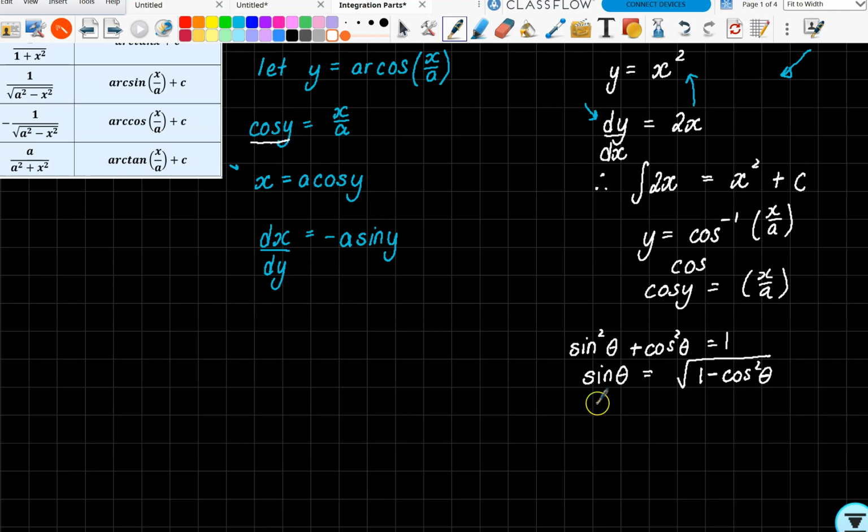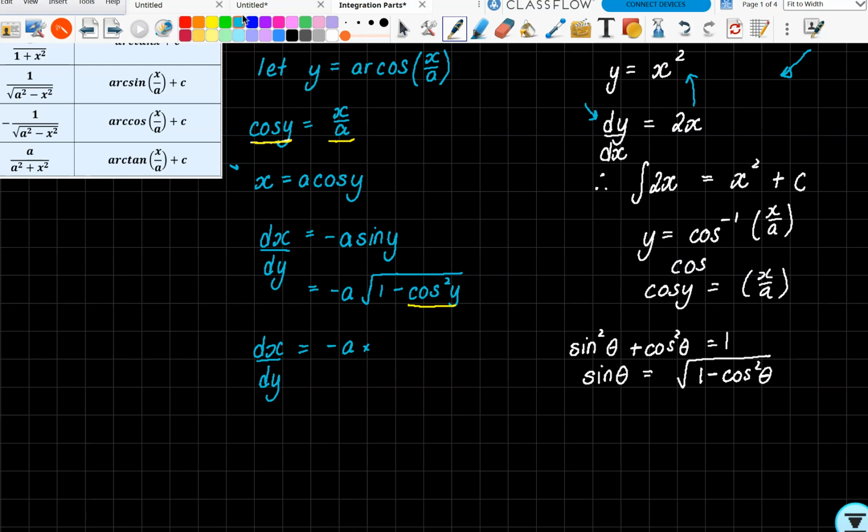So if I've got sine y, I can actually now replace that with the square root of 1 minus cos squared y, and therefore we've got dx by dy equals minus a times the square root of 1 minus cos squared y, and cos y is x over a.